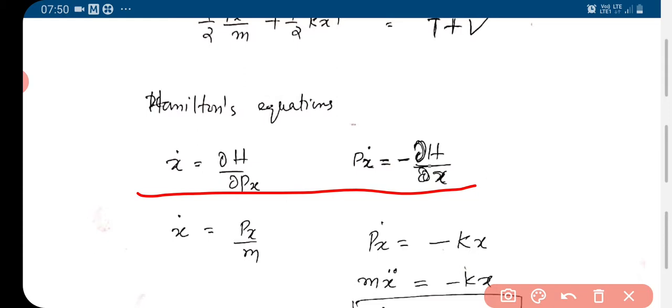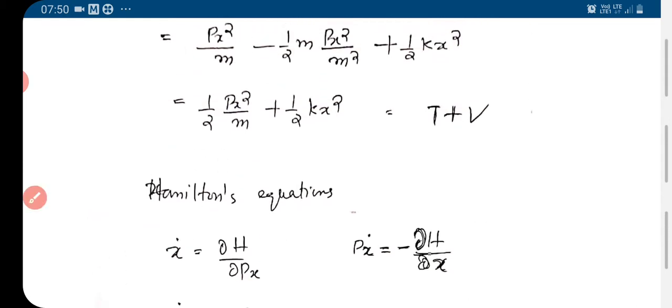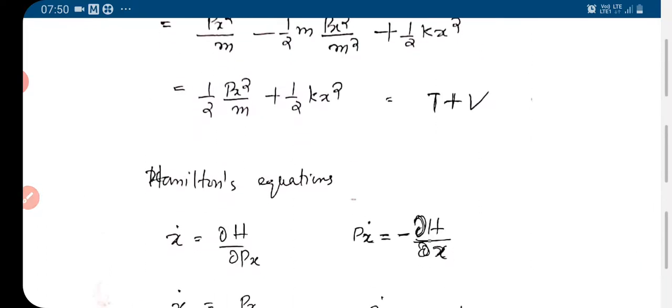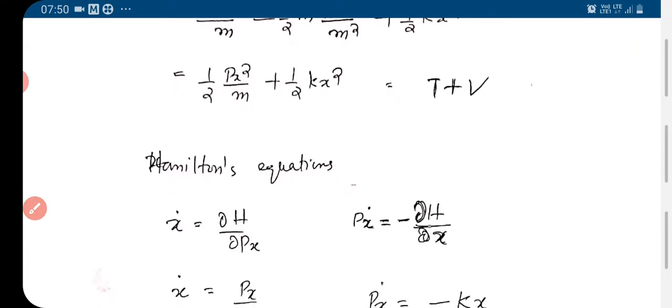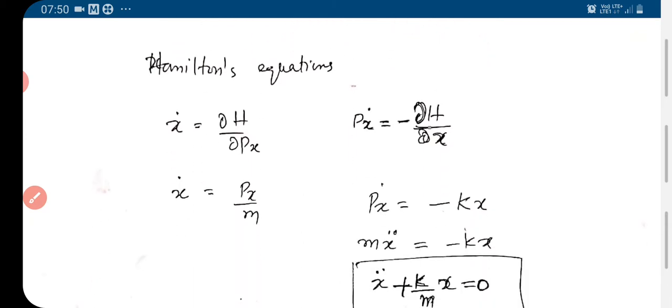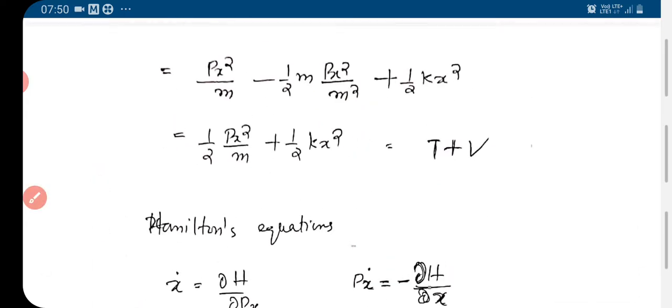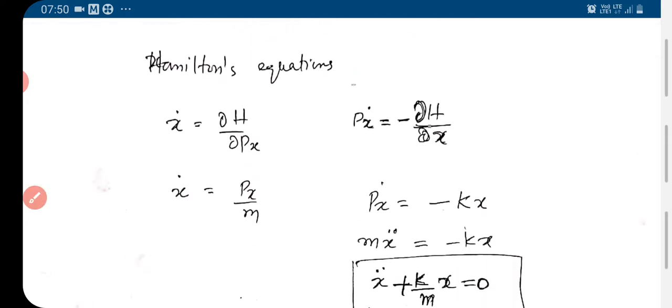So x dot, dou H dou px, is px by m, as you differentiate this. Px squared is there, so as you differentiate, you get px by m. And px dot is minus dou H dou x; as you differentiate, you will be getting minus k x here.